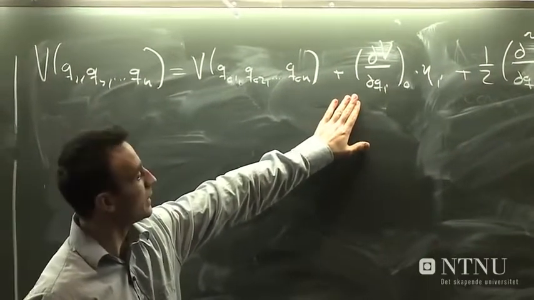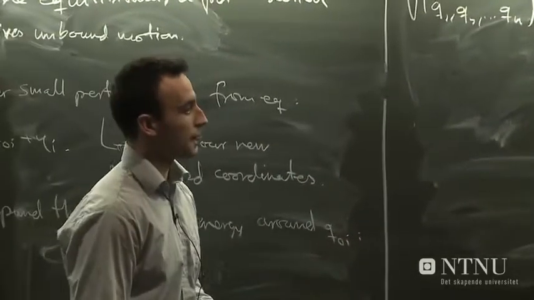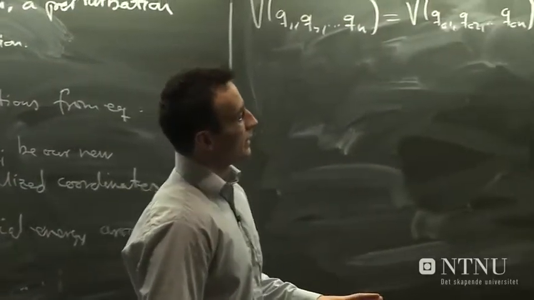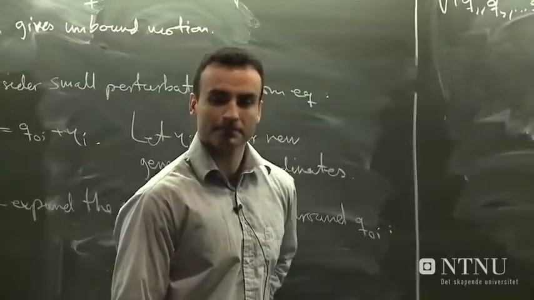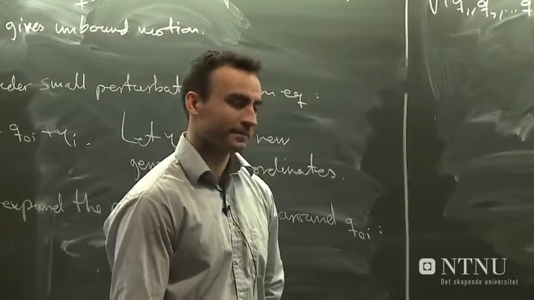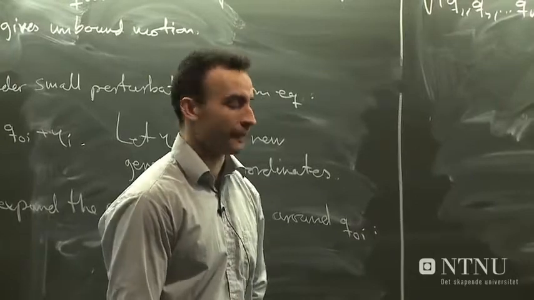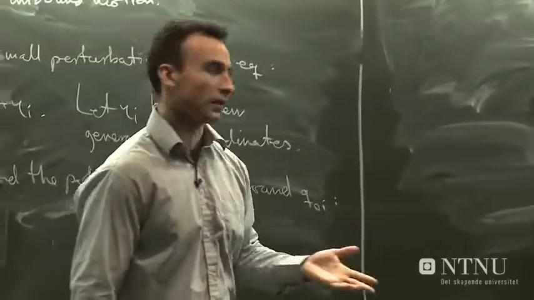It's 0, because the potential has an extremal value in the equilibrium configuration. Is there anything else we can do? The first term is just a reference level, so we can set that also to 0. This is just some constant which has no implication for the physics, so we discard it.